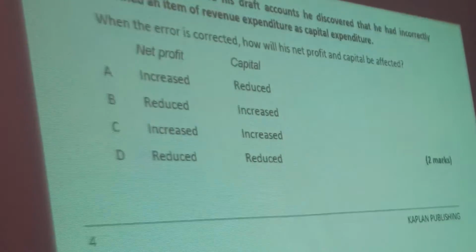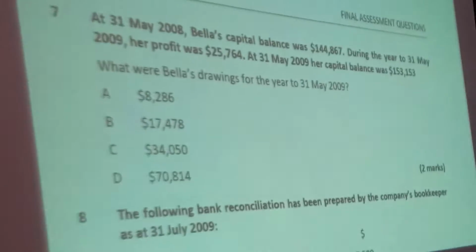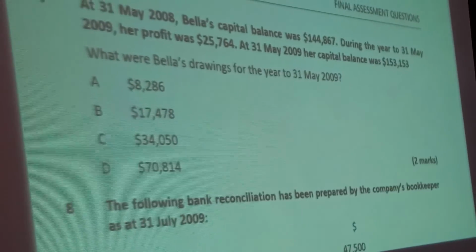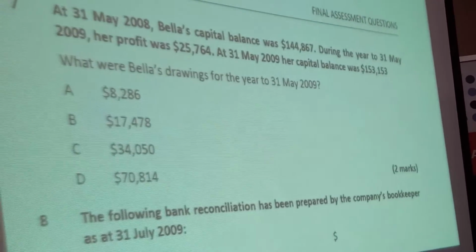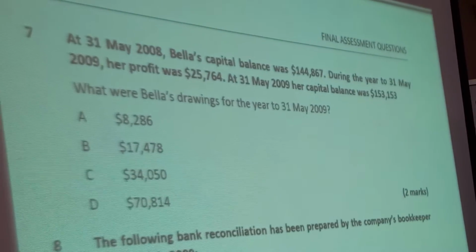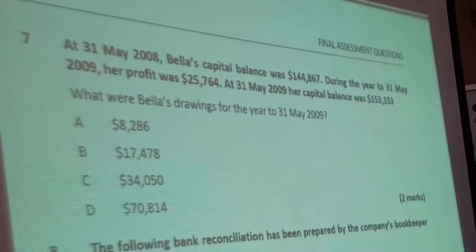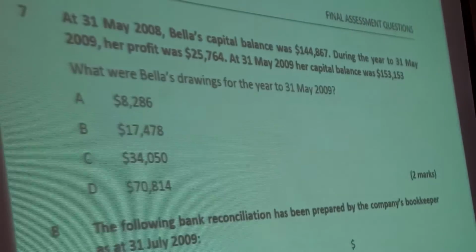Yes, this one was numbered correctly. Number 7. Now we are on the business equation, primary school stuff. Right, number 7. What were the drawings for the year? Looking at the information, guys, this is business equation. So this is business equation, right?